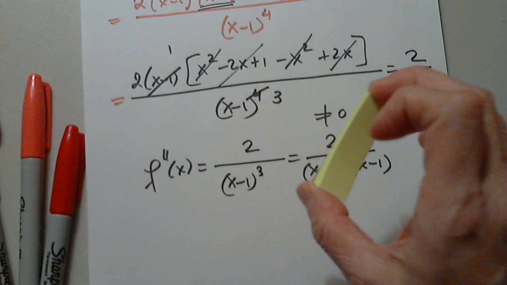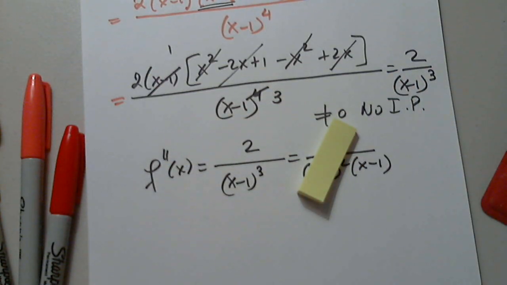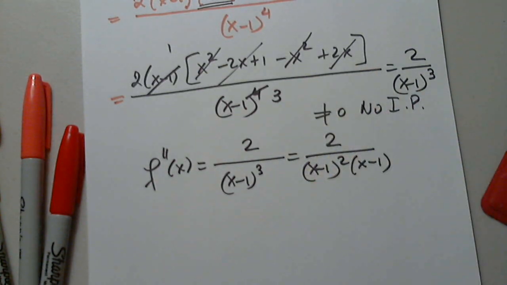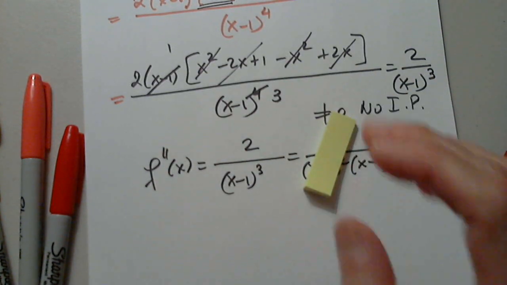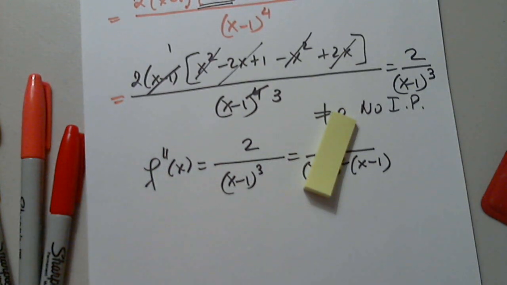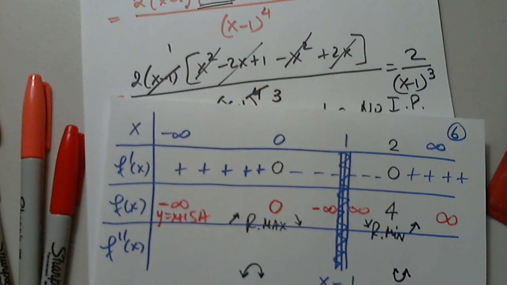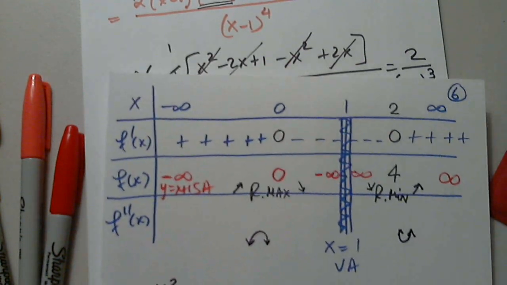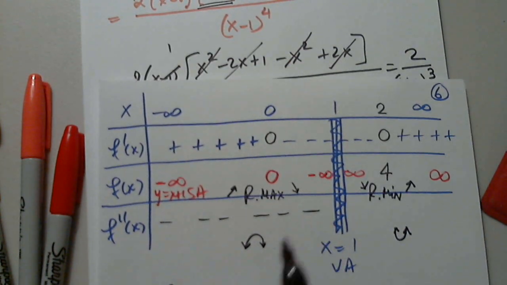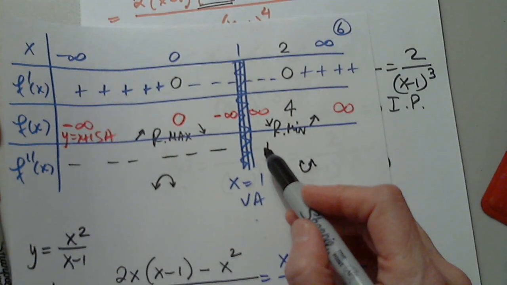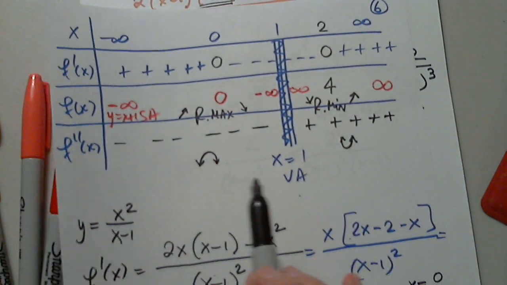But I refuse to study the sign of this. It's a waste of time. I will only study the sign of x minus 1, because this is always positive. To the left of 1, this is negative, as we already expected. To the right of 1, this is positive, as we already expected.